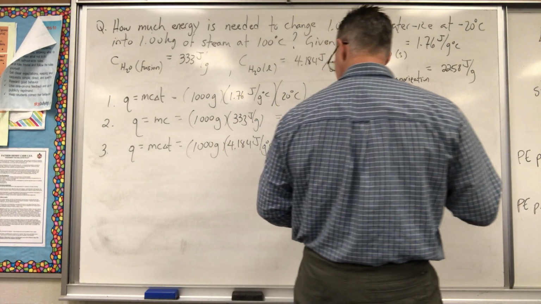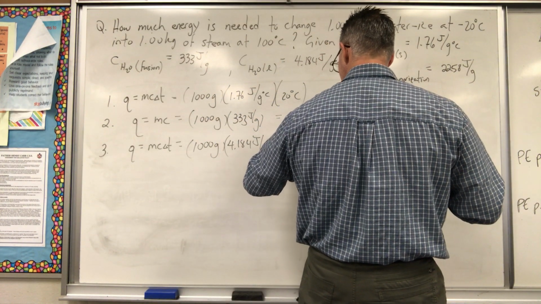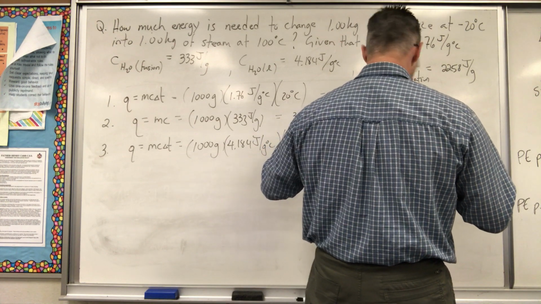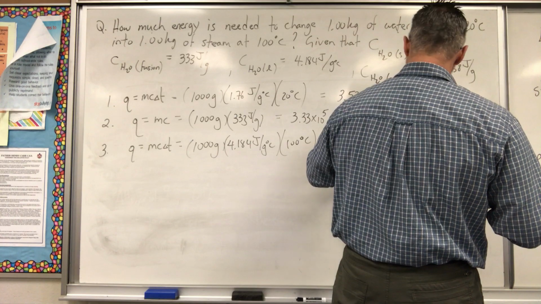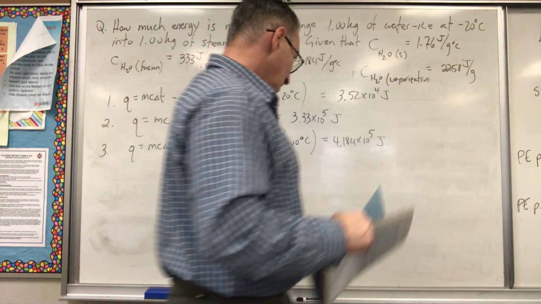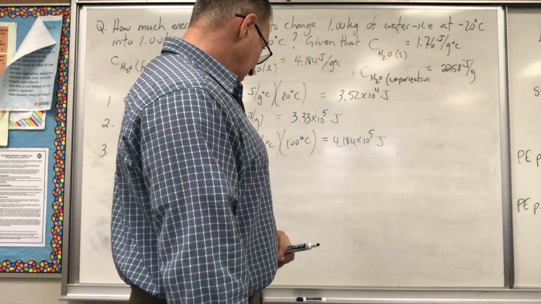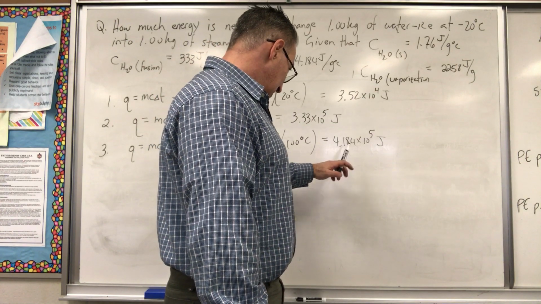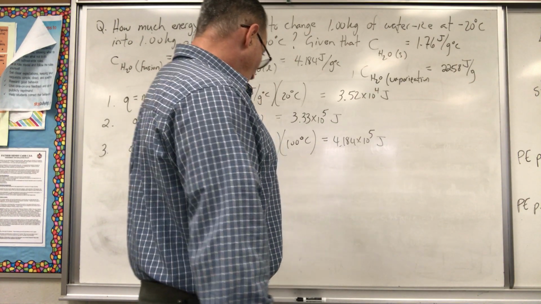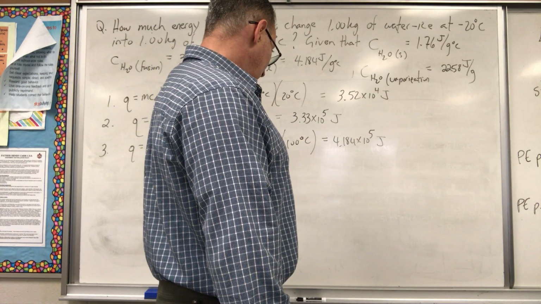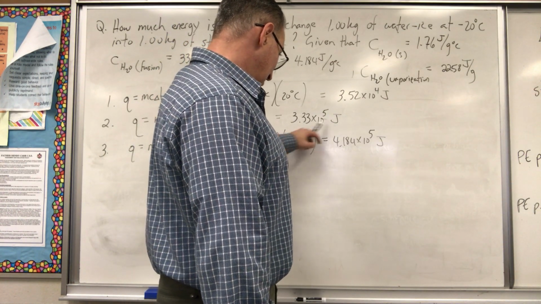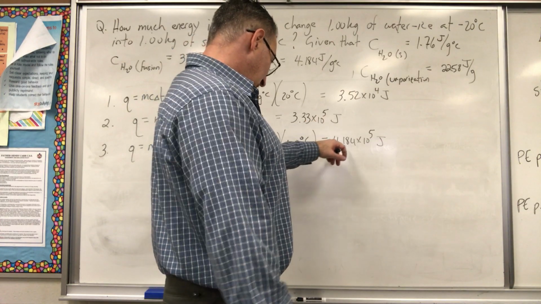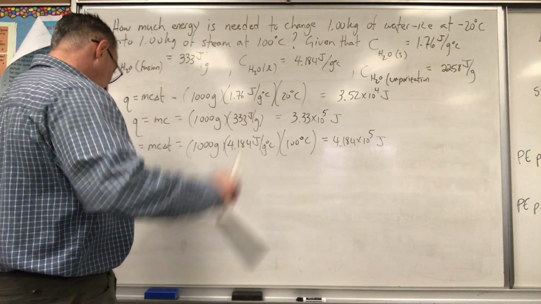There's a 100 degree change in temperature, so you're going to expend 4.184 times 10 to the 5 joules of energy doing that. So far, the most energy expensive part of the process has been warming up from 0 to 100. Although considering that here all you're doing is melting the ice, that's the amount of energy. So still, that's the most expensive part, getting it to the boiling point.